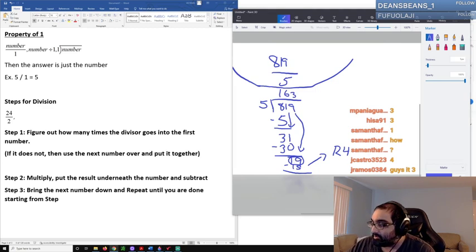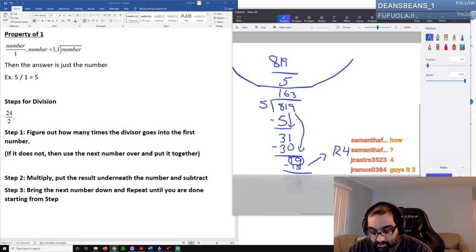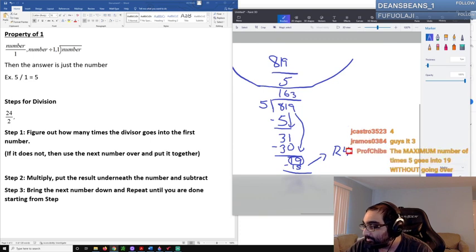Again, remember the key goal here is the maximum, okay? So let's just put, again, the maximum number of times, let's say 5 goes into 19 without going over, okay?